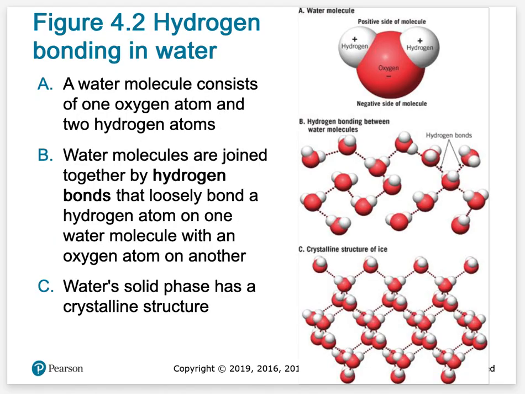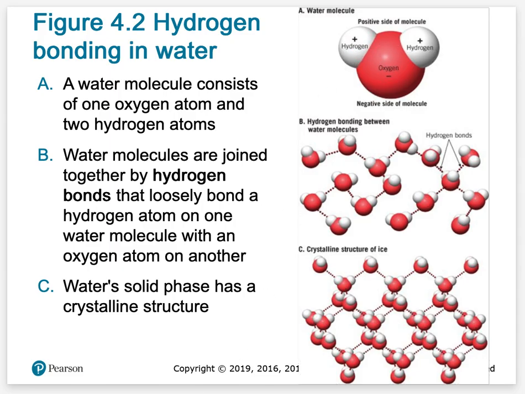So here let's look at figure 4.2, which is called hydrogen bonding in water. Let's look at diagram A. With diagram A, we have a water molecule, which consists of one oxygen atom, here in red, and two hydrogen atoms.